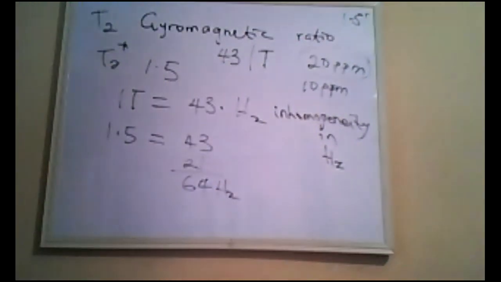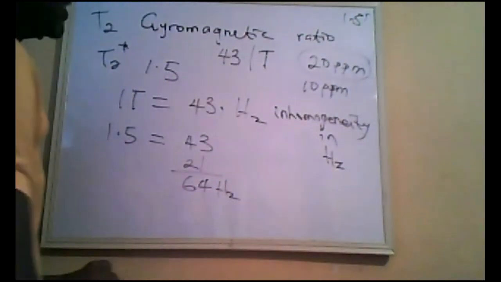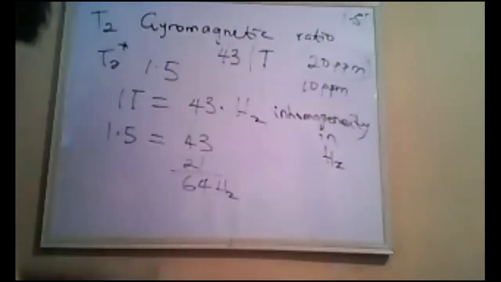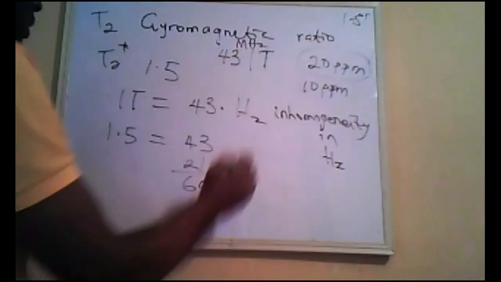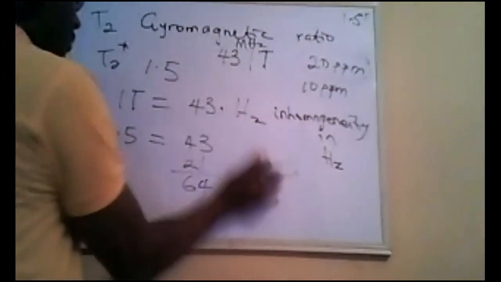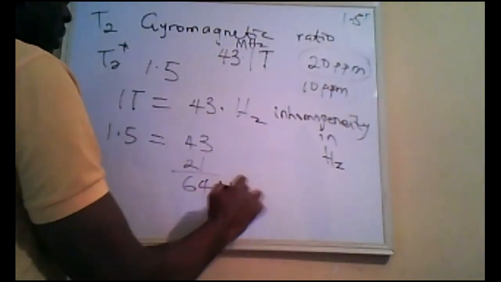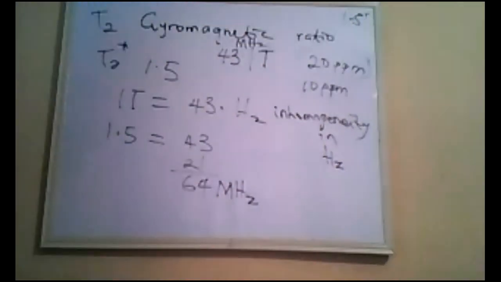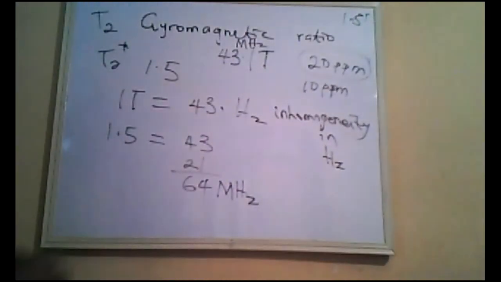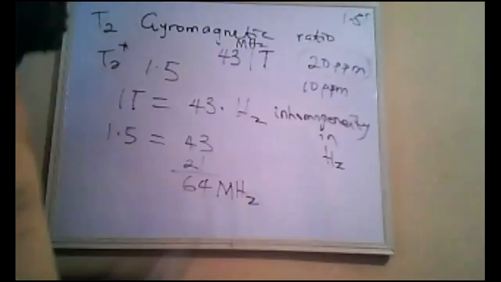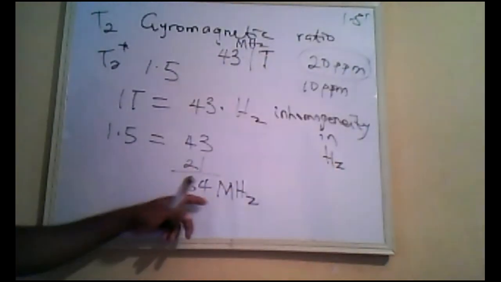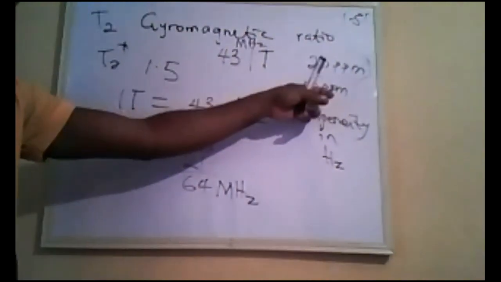Oh, this is megahertz, sorry, megahertz per Tesla. So we're looking at 64 megahertz. This is not the true inhomogeneity. This is the factor, so we are going to multiply this 64 megahertz by this.